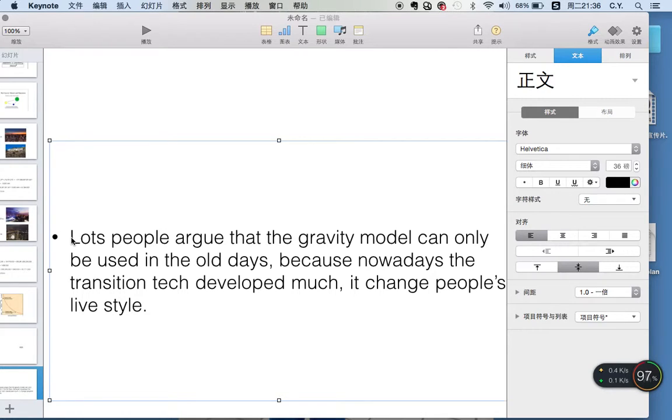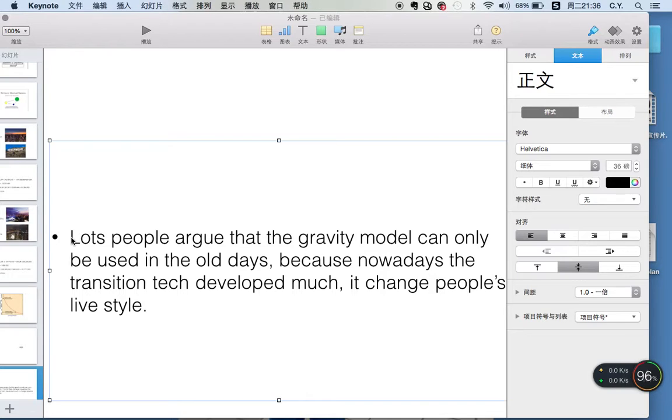And here is a con of this gravity theory, because lots of people argue that the gravity model can only be used in the old days. Nowadays transportation technology has developed very much, and it changed people's living style.